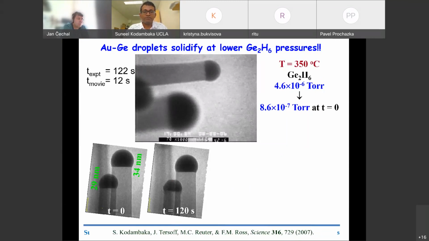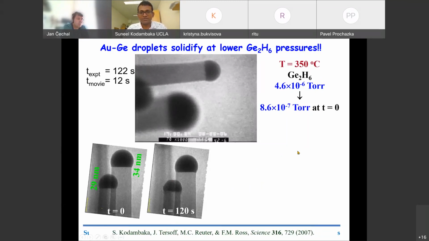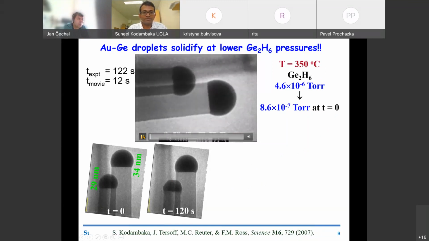So there is always this question of whether we believe this temperature or not, and you do not have to trust this value. The only thing that is proof that we have a liquid is that you have this smoothly curved surface and you don't see any diffraction pattern from this one. So we know that it's a liquid, irrespective of what this value is.